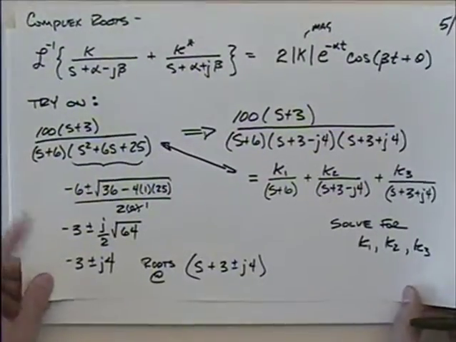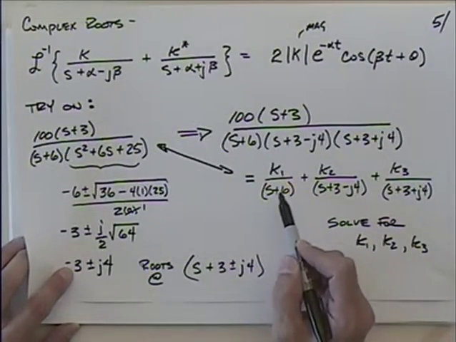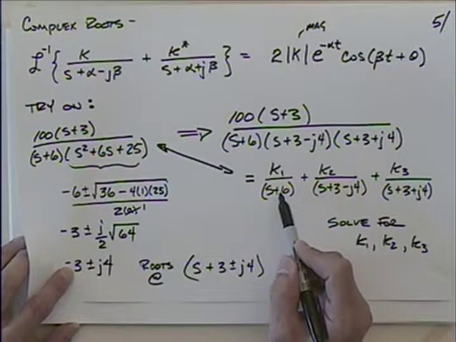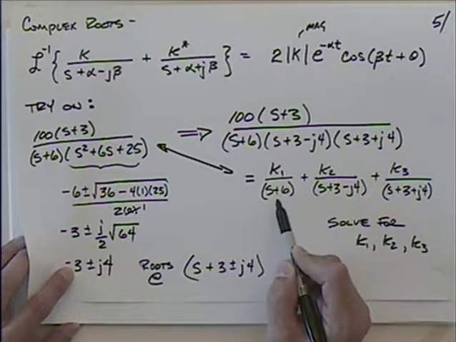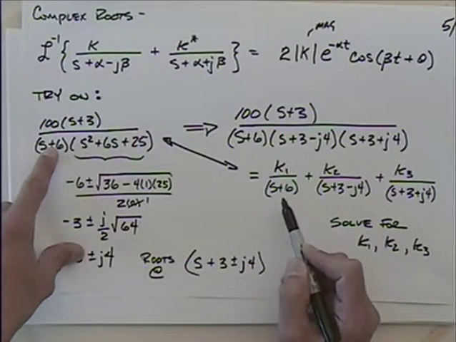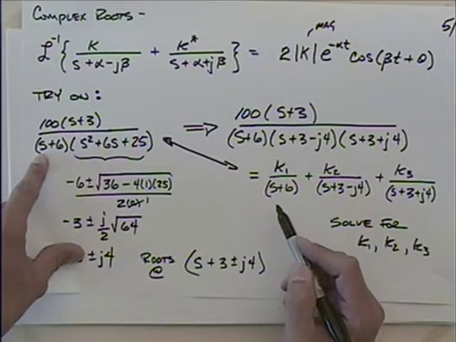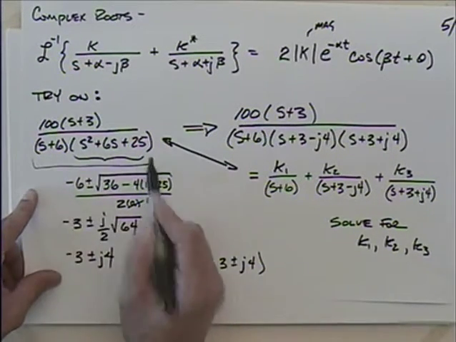So like I did the last problem, if I'm looking for K1, what am I going to do? Multiply everything by S plus 6. So when I multiply this side by S plus 6, that cancels out, and I am left with what? I might just as well use this one here, right?